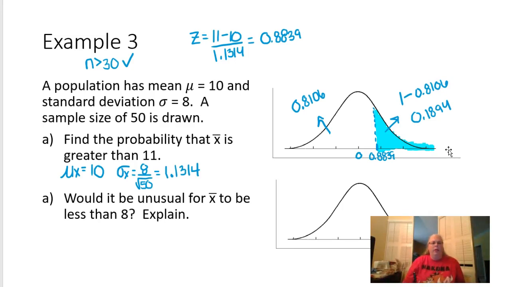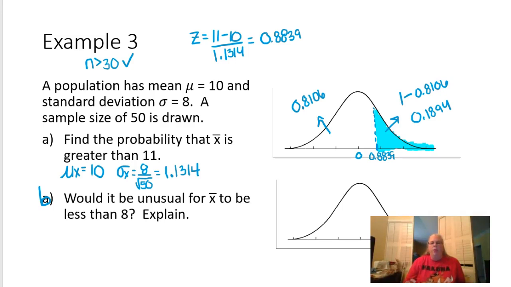Okay. The other one over here, this is supposed to be part B, not another part A. Would it be unusual for x bar to be less than 8? Okay. Our threshold for unusual means less than 5%, less than 0.05.